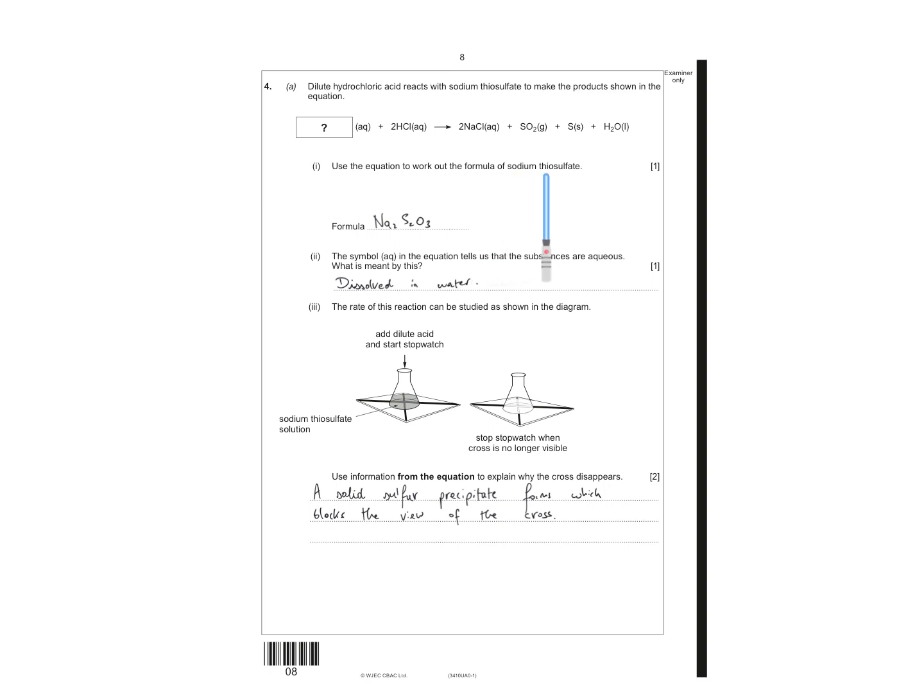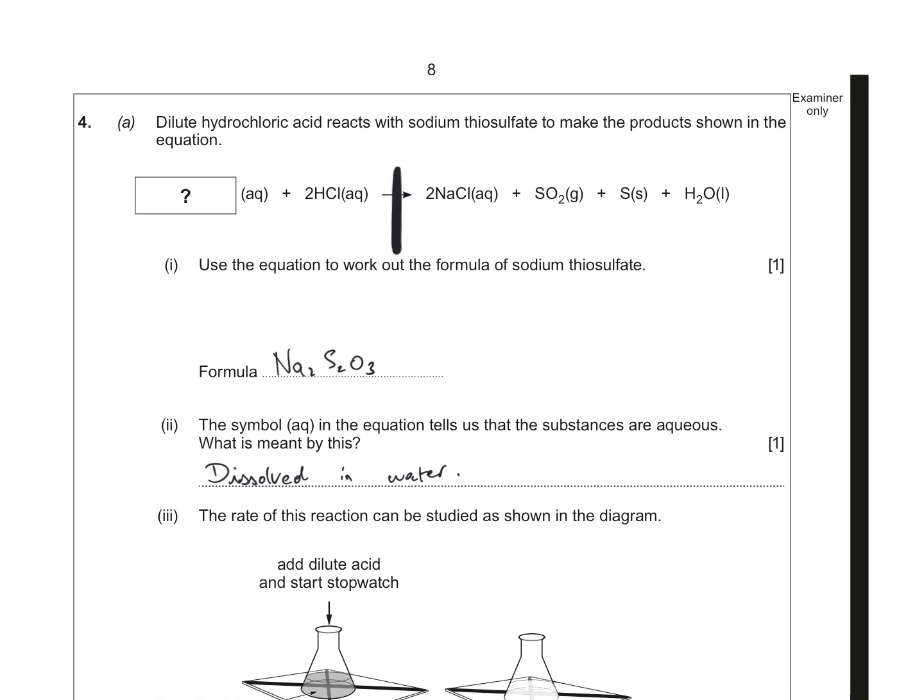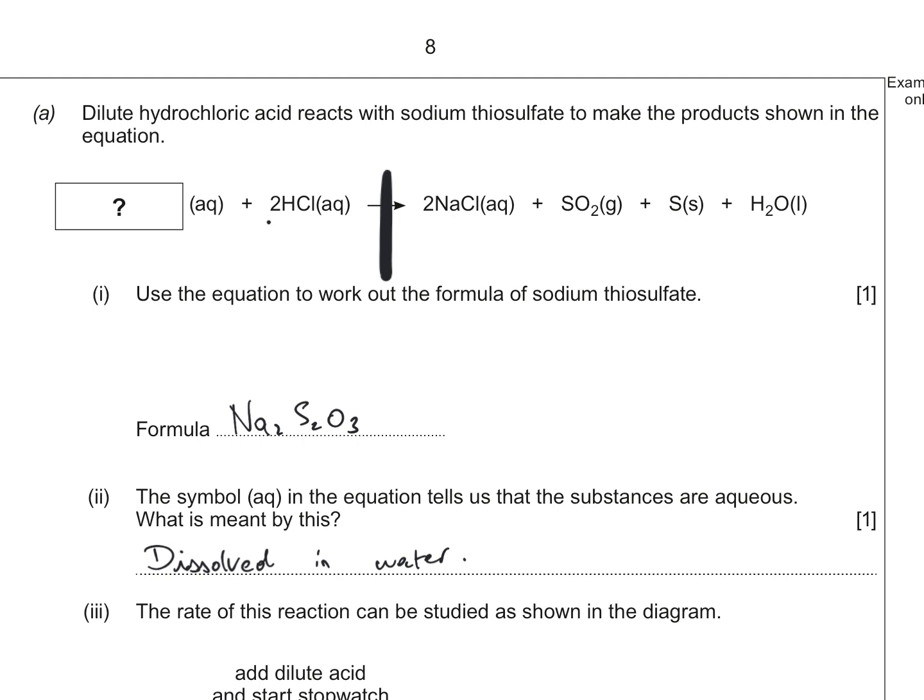Use the equation to work out the formula of sodium thiosulfate. Now what we need to do here is draw a line down the middle; the question mark plus the HCl will add up to all of the elements on that side. So, for example, I can see I have got 2 H's at the moment and 2 Cl's. On the other side, I've got 2 Na's.